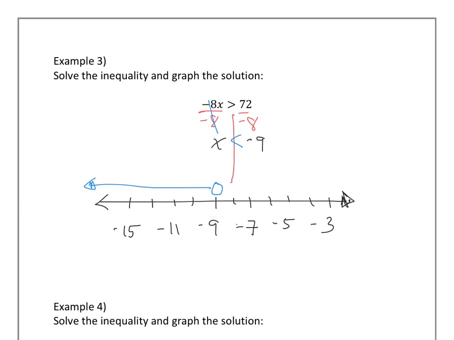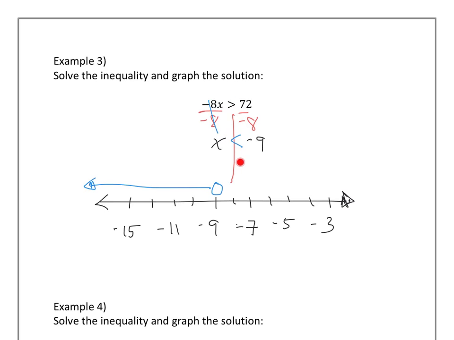So let's check our answer. My favorite checkpoint is 0. 0 is somewhere over here where it would be a false statement because there's no line over here where 0 is. So -8 times 0 is 0. Is 0 greater than 72? False. 0 is not greater than a positive number. So this does look like a correct solution.